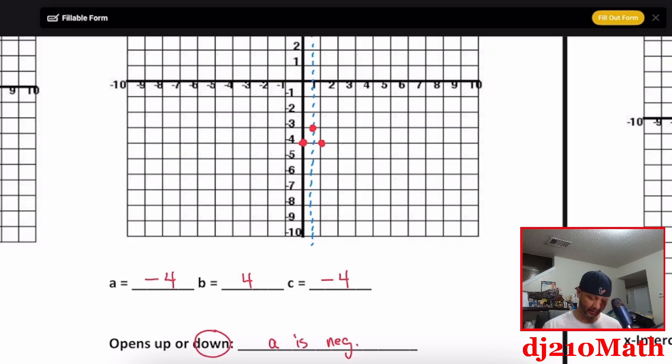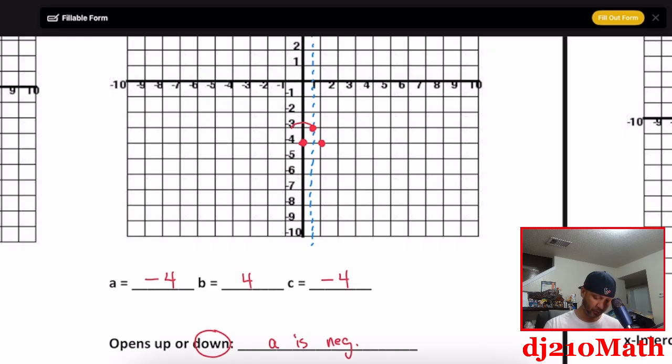Okay. Let's see if we can apply our little trick here. So I'm going to go over either way, left or right, doesn't matter. I'm going to go over 2 units. Well, I guess I could go over 1 unit. So if I go over 1 unit, 1 times 1 squared is 1 times a. So 1 times negative 4 is negative 4. So I'm going to go down 4.